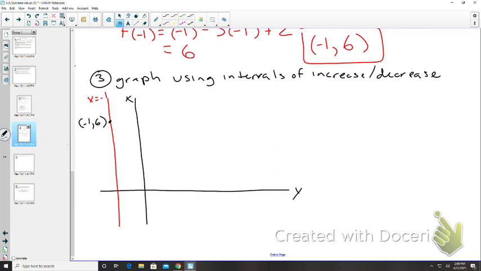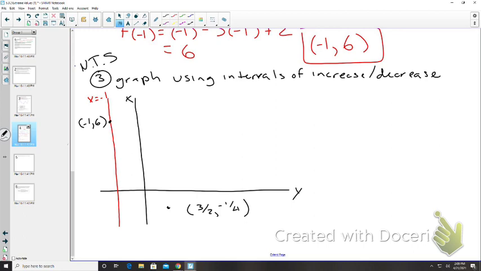And we also know we have another point at 3 over 2 and -1 over 4, so kind of right over here. And again, not to scale. Okay, 3 over 2 and -1 over 4 is another one.